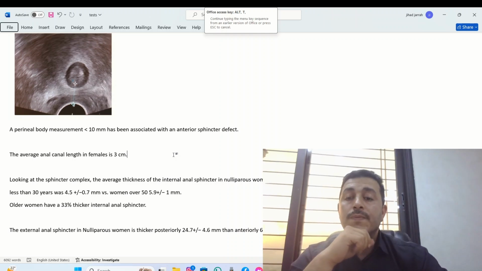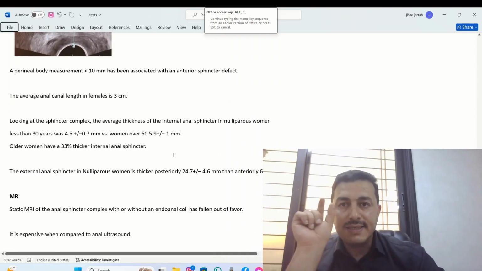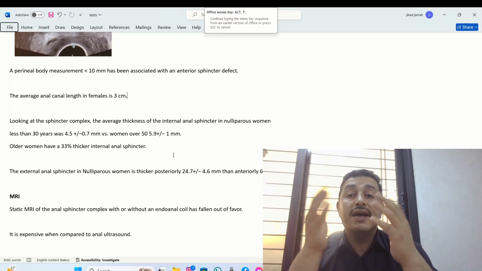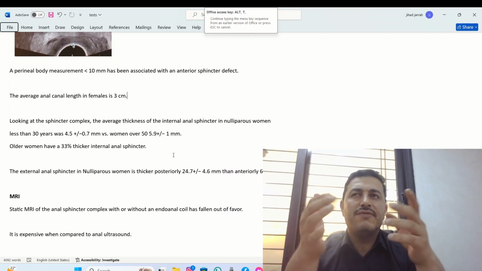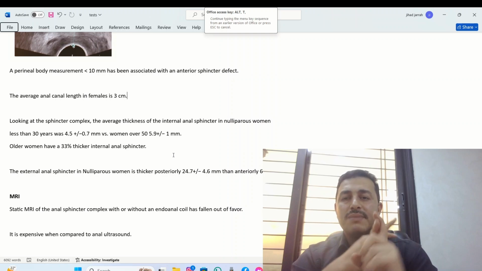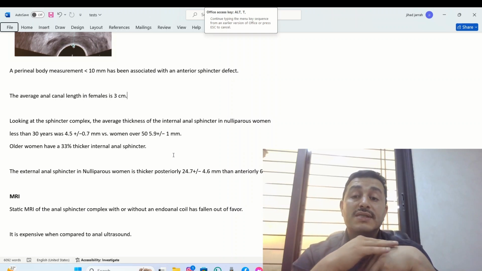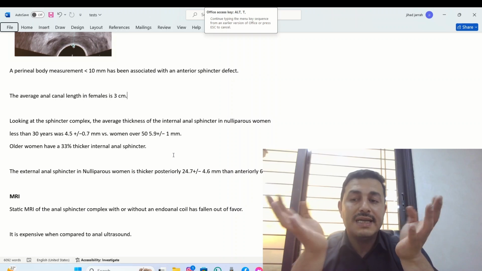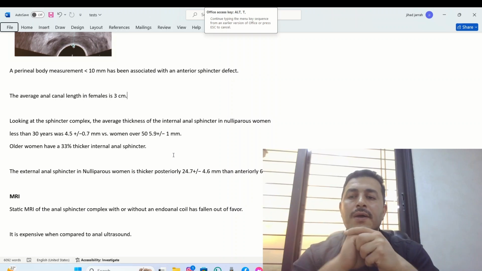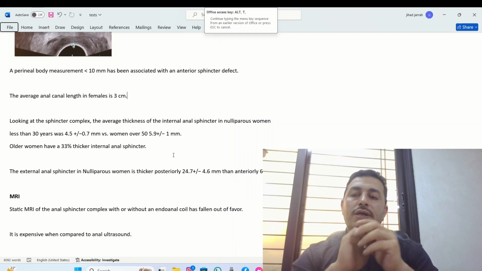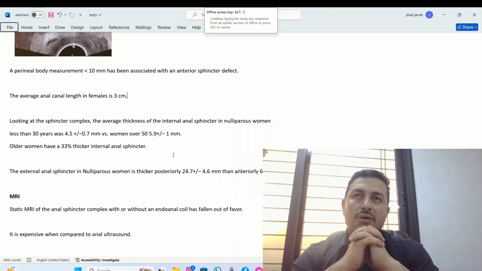We can also assess the thickness of the internal and external anal sphincter. Actually, this depends on many factors: nulliparous or multiparous woman, old age or younger. For example, the thickness of the internal anal sphincter in females is between 4 to 5-6 millimeter.